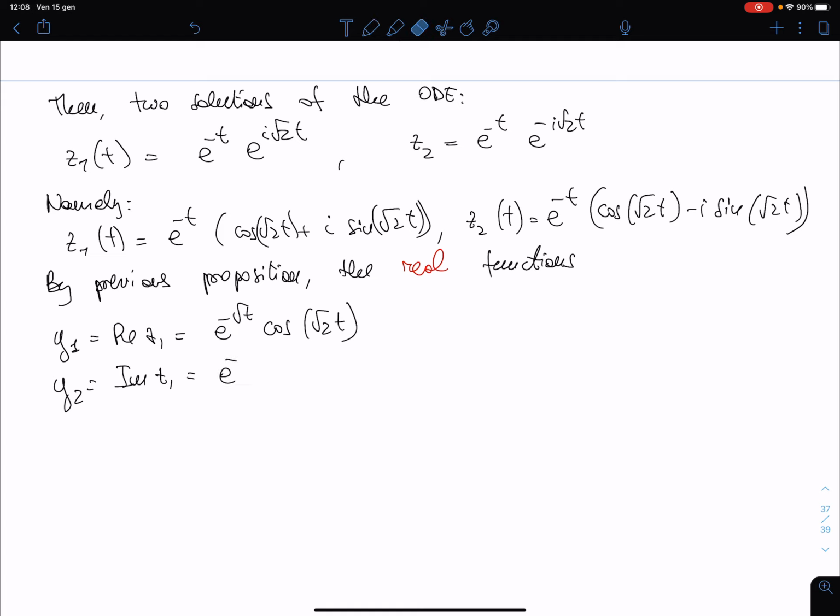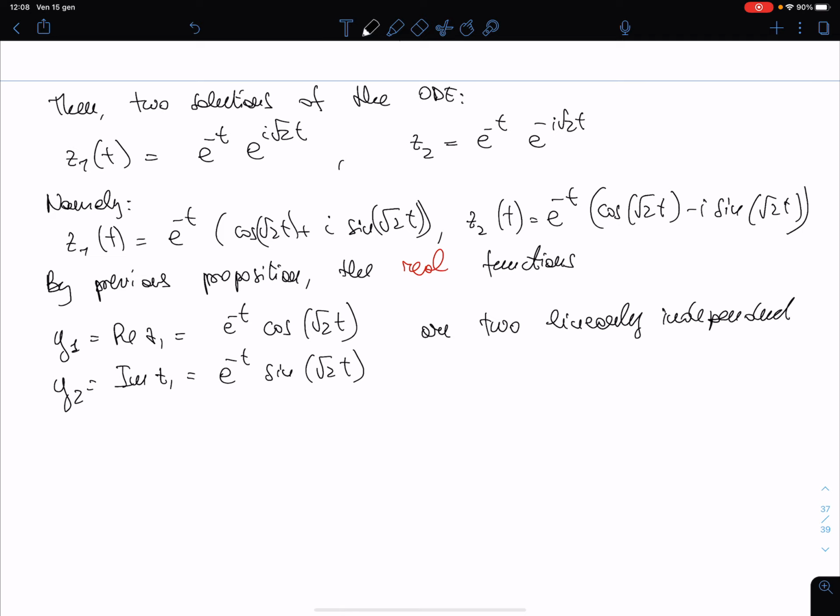Sorry, I'm putting some square roots in an absurd fashion. E to the minus t sine of square root of 2t. These are two linearly independent solutions to asterisk.